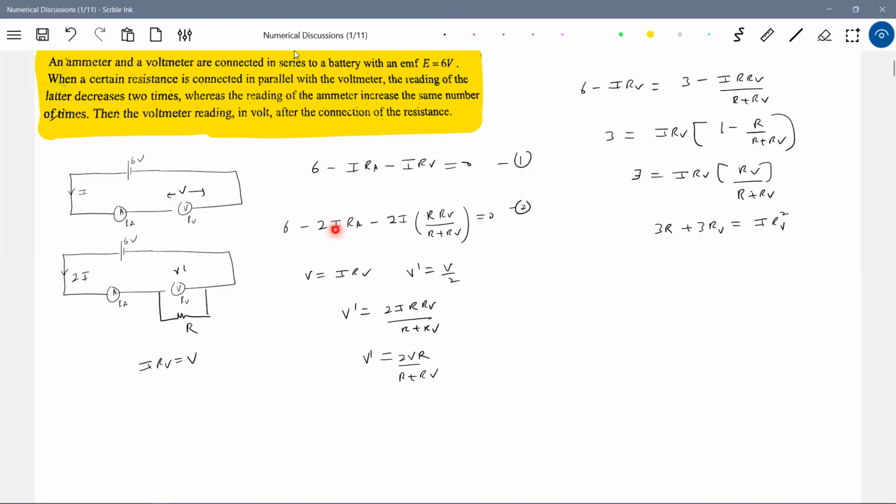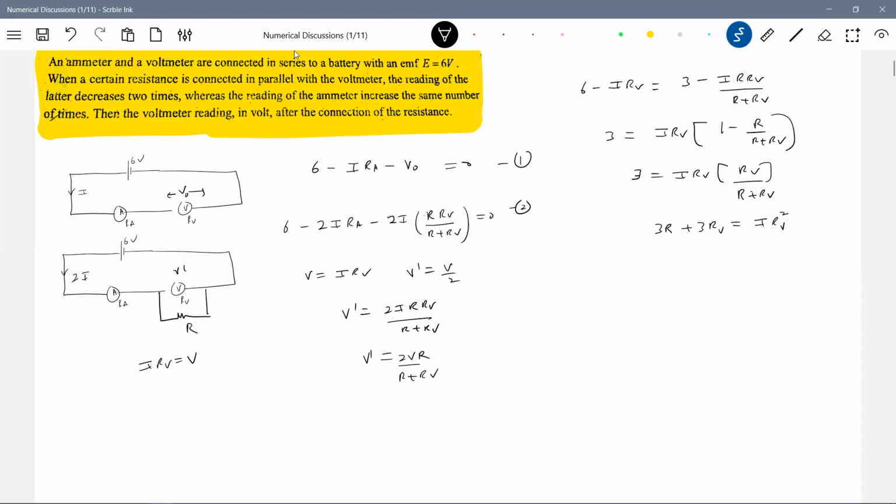Reading of ammeter increases, where the reading of voltmeter decreases by 2 times. I think I'm not taking help of this one. If I write V naught, this will be V dash. Let me take help of some unnecessary symbols, I'm bringing more symbols maybe. So this will be V naught.